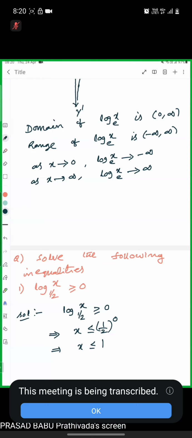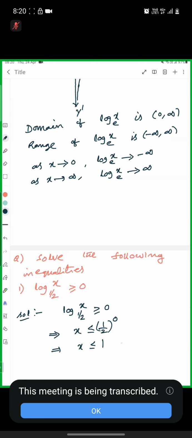In solving logarithmic equations, there is one thing I said: the solution of a logarithmic equation or inequation must also define the logarithmic functions given in the equation. What is the logarithmic function given here? Log x to base 1 by 2.